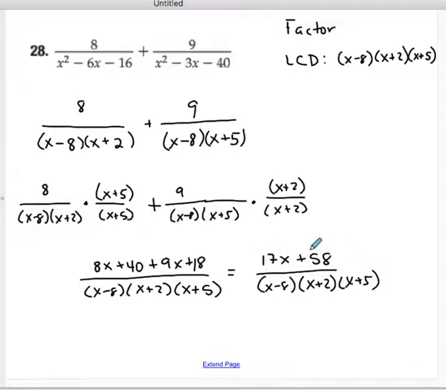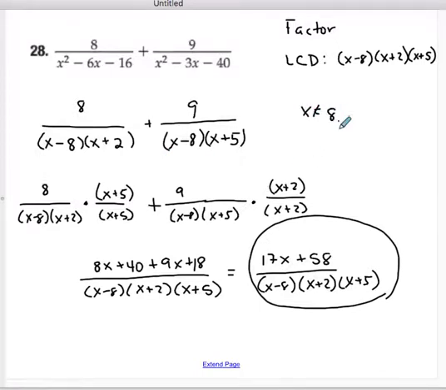I'm kind of tempted to factor out a 17 here, but it turns out that 17 times 4 is 68, not 58. So that's the solution. And of course, if we're considering what our values can't be, we can't have x equal to 8, negative 2, or negative 5.